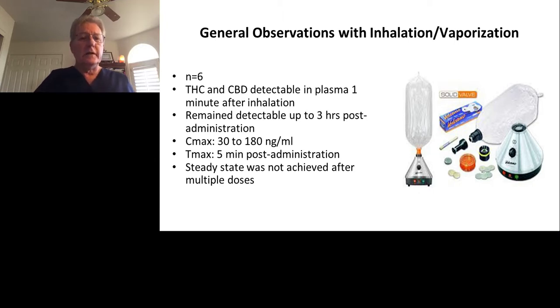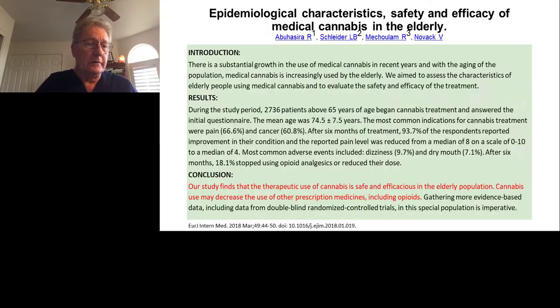This is one study that looked at 6 patients, and the important thing to look at is that using the Volcano device, which controls dose and volume of inhalation, you still see a Cmax of 30 to 180 nanograms per mL. This is the same dose, the same inhalation volume, and looking at 6 different patients, there is still variability in the amount of cannabinoids measured.